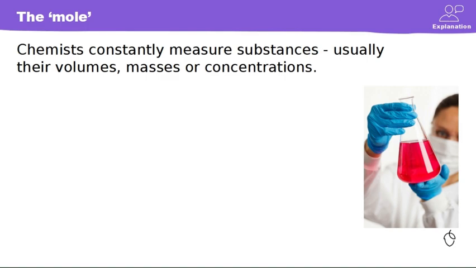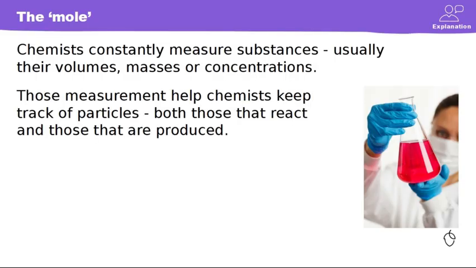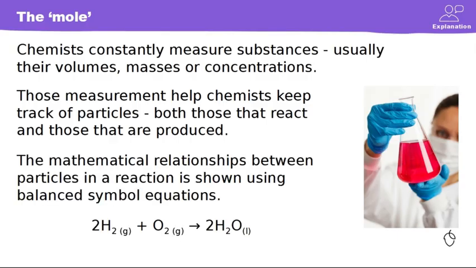Chemists constantly measure substances using their volumes, masses, or concentration. Those measurements help chemists keep track of particles, both those that react and those that are products. The mathematical relationship between particles in a reaction is shown using a balanced symbol equation.